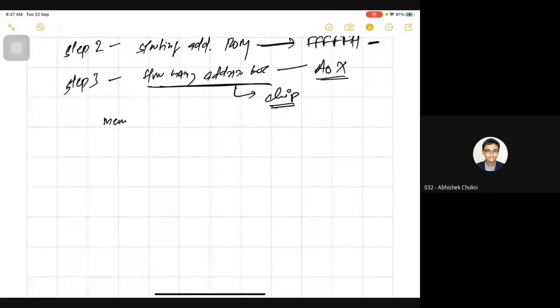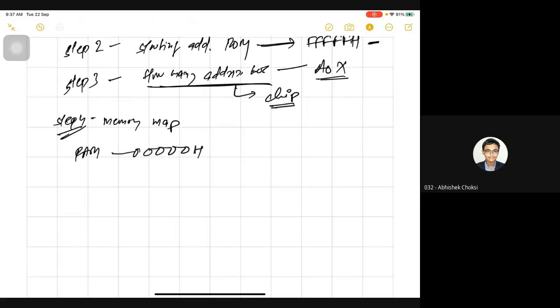The memory map always starts with RAM because RAM addresses will start at 0000H. Then, based on the number of address buses, you need to find out the ending address of RAM 1.